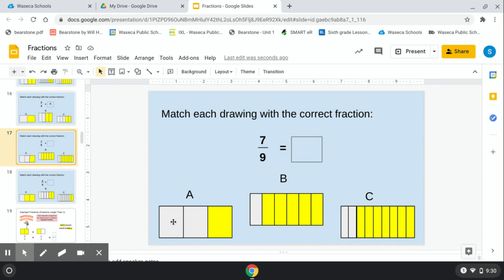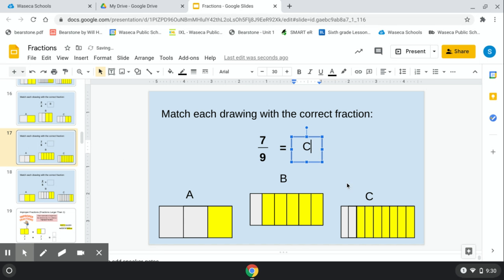Which one of these drawings, A, B, or C, would represent 7/9? C would represent 7/9 because 7 of the equal 9 parts are shaded yellow.